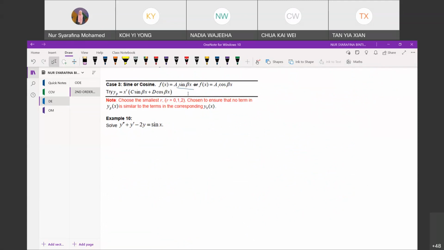Beta here must follow the value of beta given in the function. And as you can see, even though the function is only sine beta x, the yp should consist of both sine and cos. Again, same process.